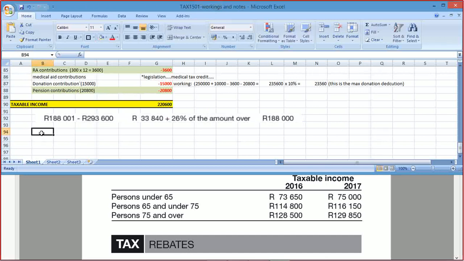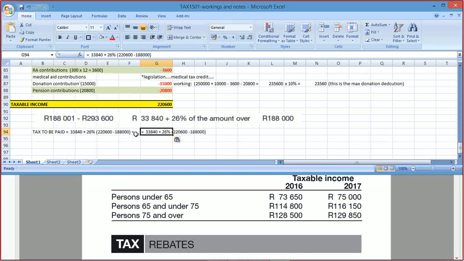Okay, and we need to work out a tax. So tax liability, or tax to be paid, equals 33,840 plus 26% of (the amount exceeding that). So it'll be 220,600 minus the amount exceeding that, close brackets, equals an answer. Do you agree with that? Great.